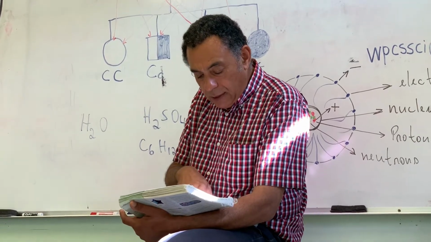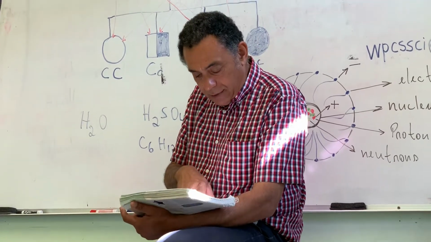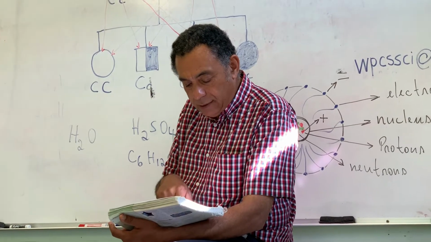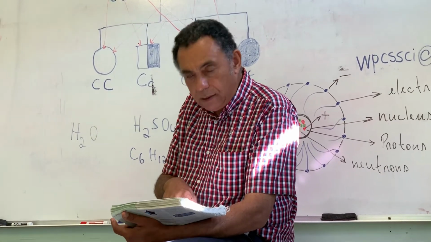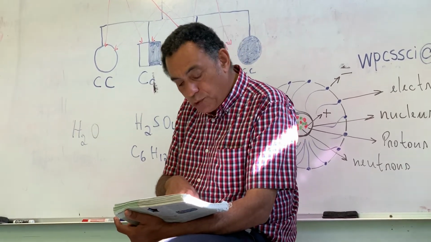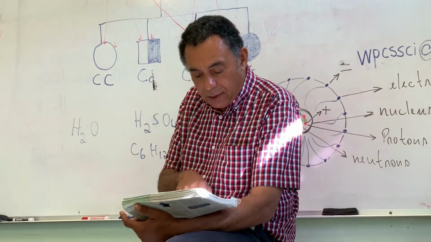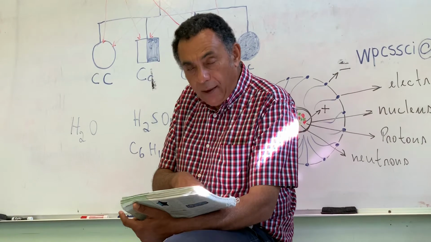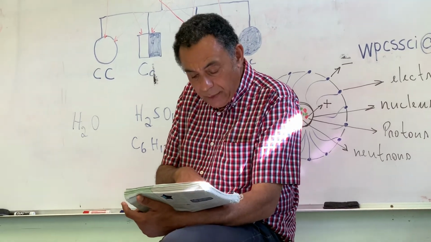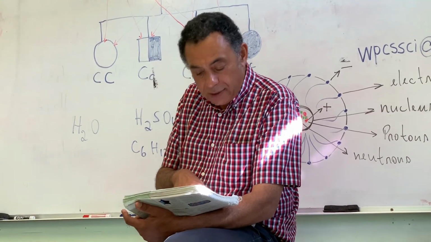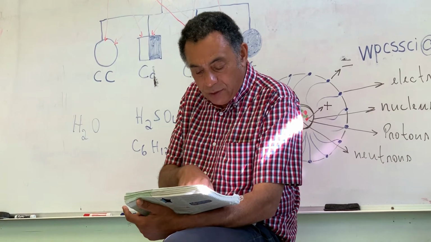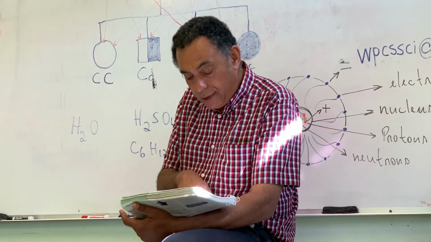And then you have carbon dioxide. What's carbon dioxide? It's one atom of carbon and two atoms of oxygen, and that makes carbon dioxide. As you know the symbols, you know what element it is. You don't need to read because you know C is carbon, O is oxygen.